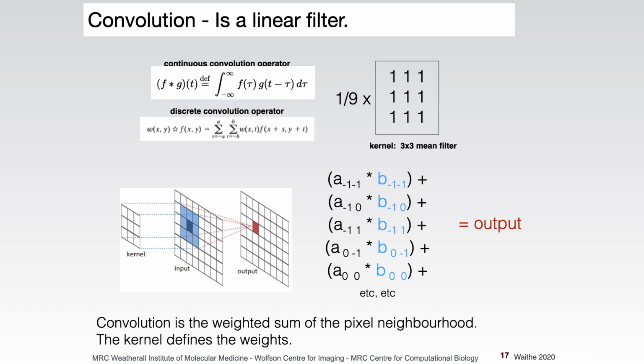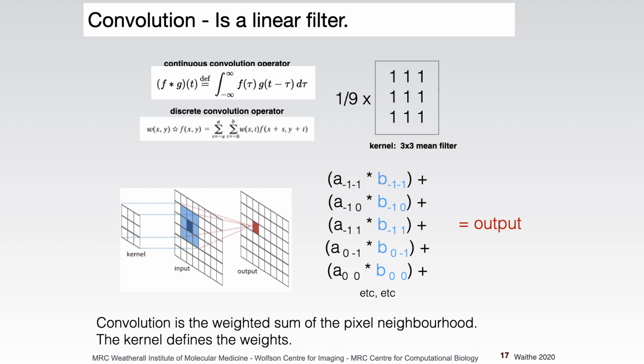I just mentioned convolution, and this is a form of linear filter. In fact, this is the archetypal linear filter. It has equations with it, but really they're very simple. We take our input image and a kernel. In each position of our input, we multiply each pixel with the corresponding one in the kernel.